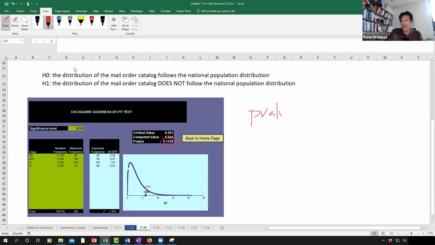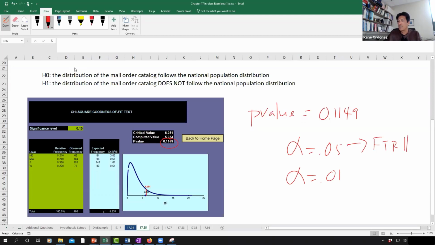It's quite high. So even at alpha 0.05 or alpha 0.01, you will still fail to reject H0, and also here, fail to reject H0. Right?